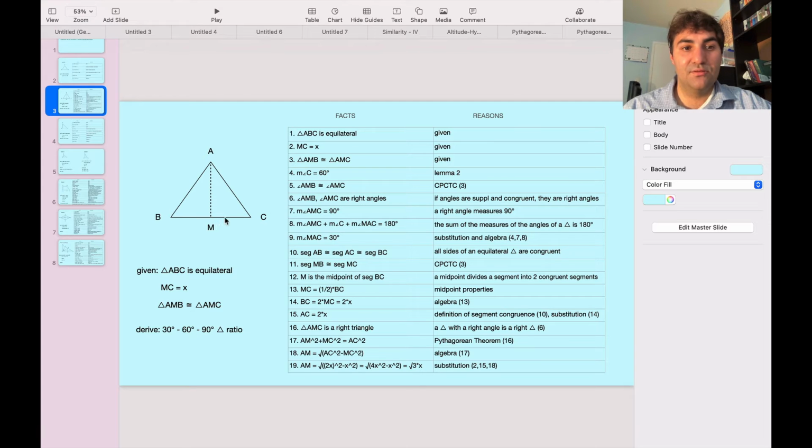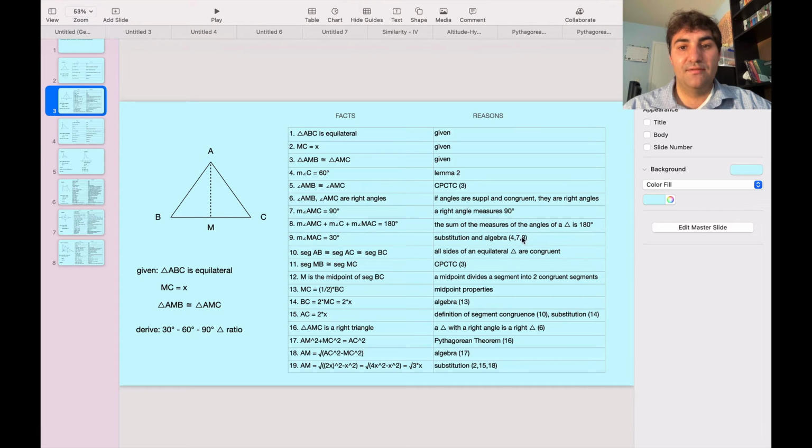And since this is a straight line, these two angles are going to be supplementary, right? So angles that are both supplementary and congruent are right angles. So angle AMB and angle AMC are right angles. A right angle measures 90 degrees, so measure of angle AMC equals 90 degrees.